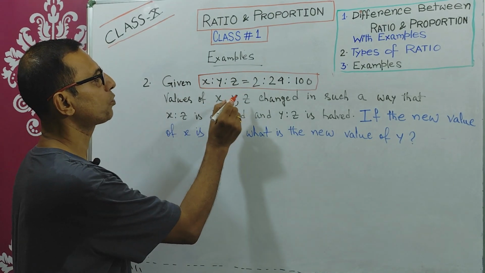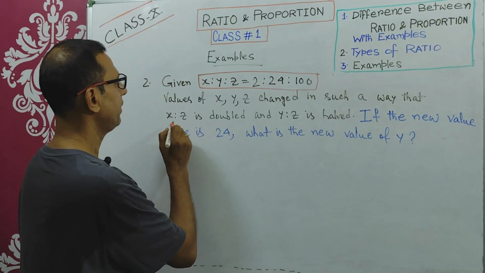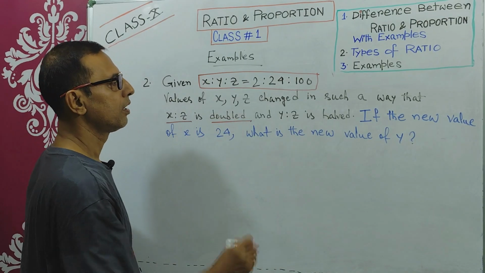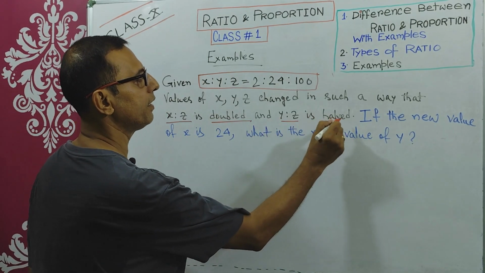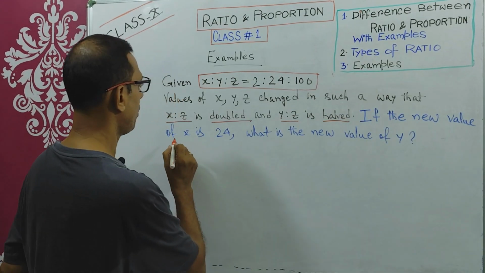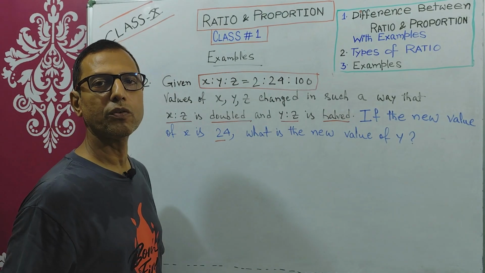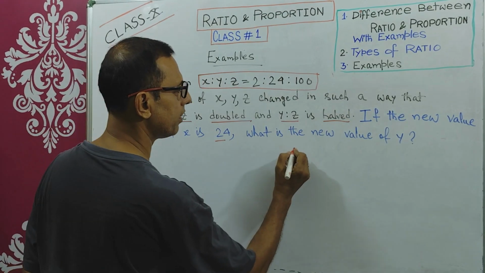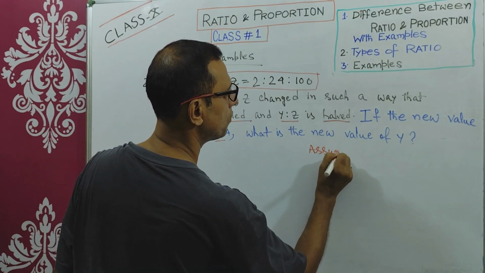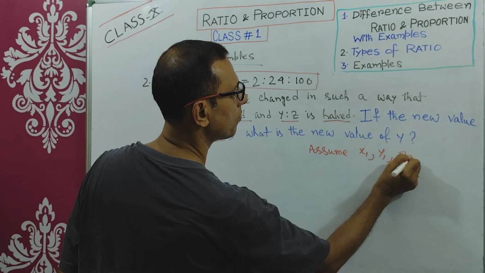Now values of x, y, z changed in such a way that x is to z is doubled and y is to z is halved. If the new value of x is 24, then what is the new value of y? First of all, you just assume the new values are x1, y1 and z1.